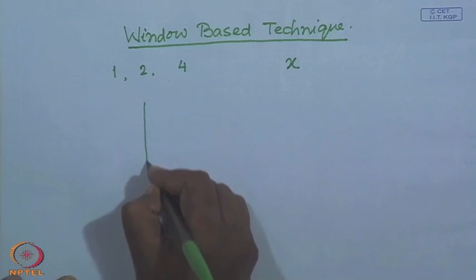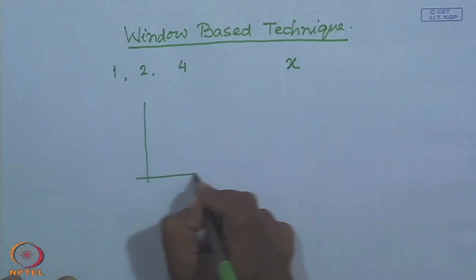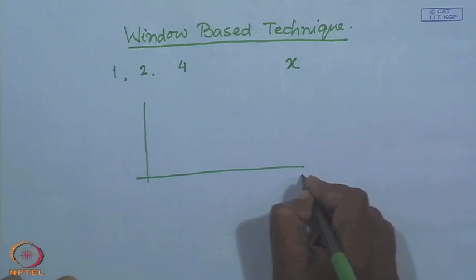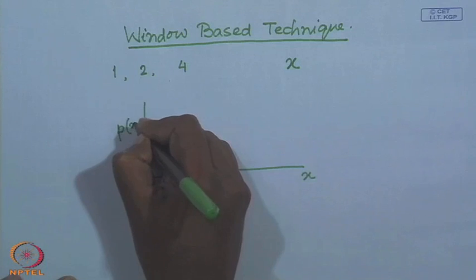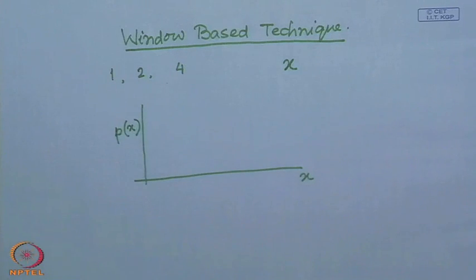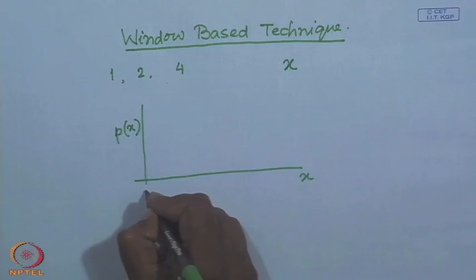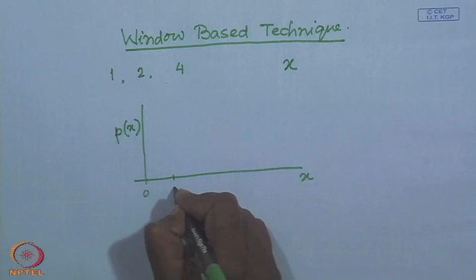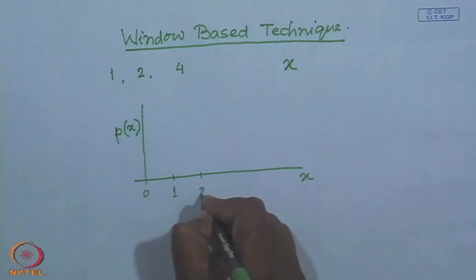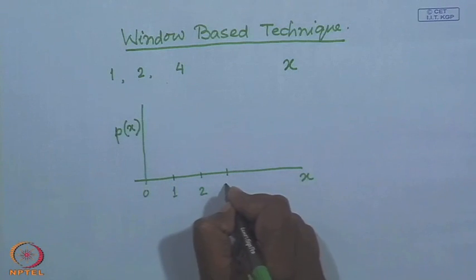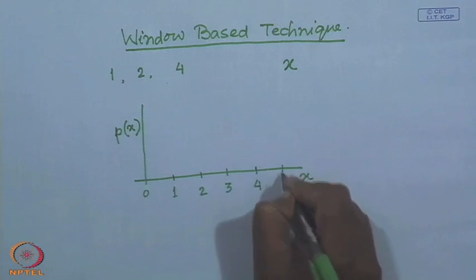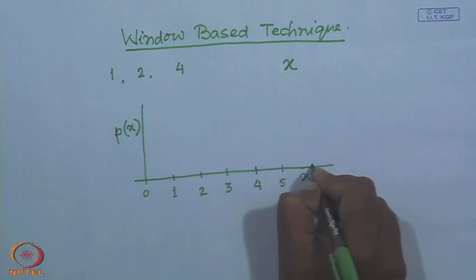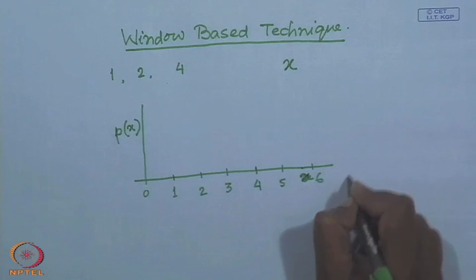So, this is my x and in this direction I plot probability of x. So, I have this is 0, this is say 1, this is 2, somewhere here it is 3 and this is 4, this is 5, this is 6 and so on.